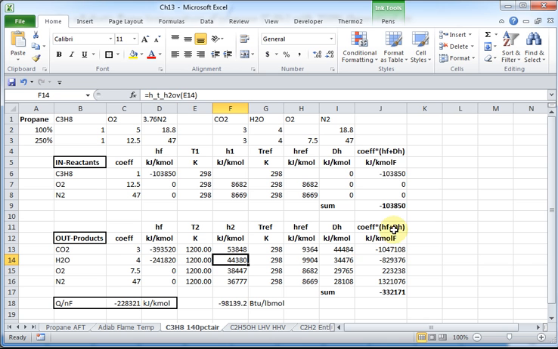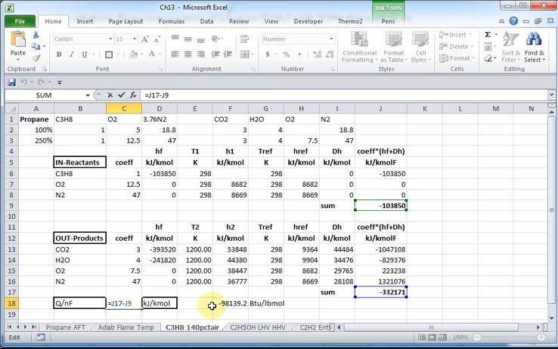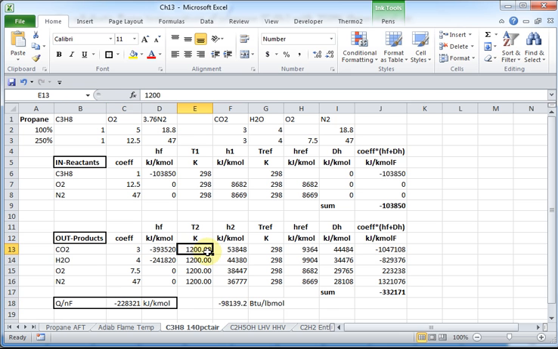So I then do the multiplication, do the sum. And this Q is the difference. It's the sum of the products minus the sum of the reactants. True? All right. So now I have this value. If I change it to 1300, it reduces Q. I want to drive that to 0.